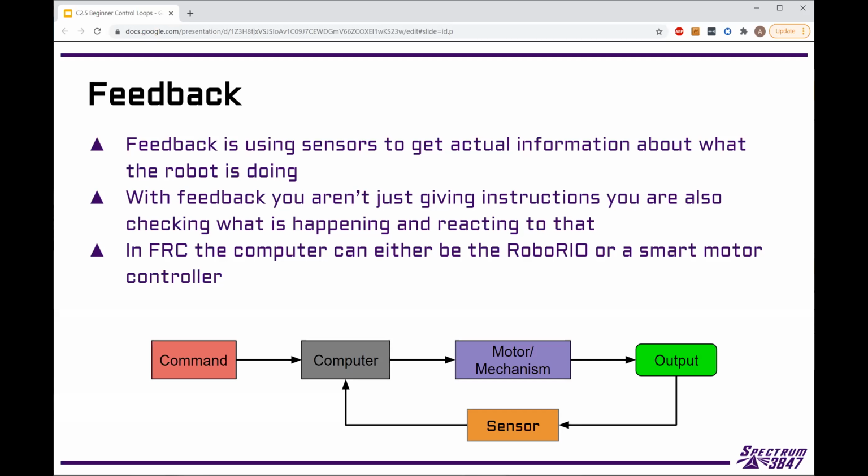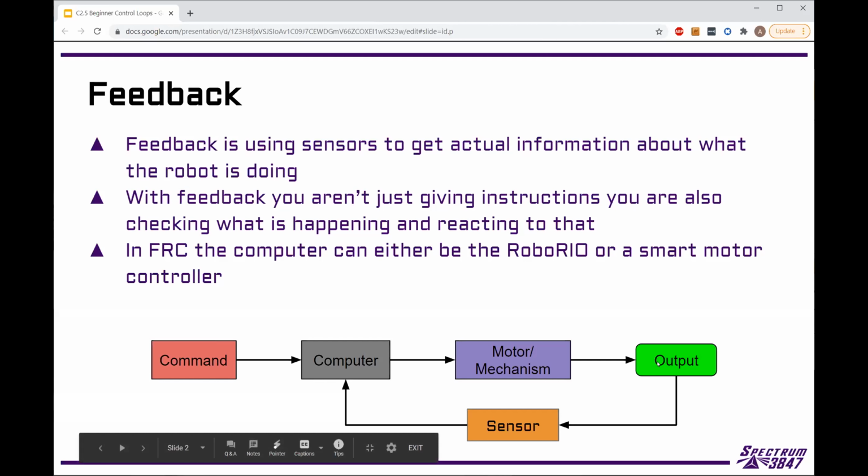So we do give instructions, so we're still telling it what to do, but the robot is basically able to check if it's actually doing that, and that's the important part. In FRC, the computer in this little model that we're looking at, we give it a command, the computer does some math, and it sends an output to the motor and the mechanism, and it tries to actually move and do the thing, and it has some sort of output that is measured.